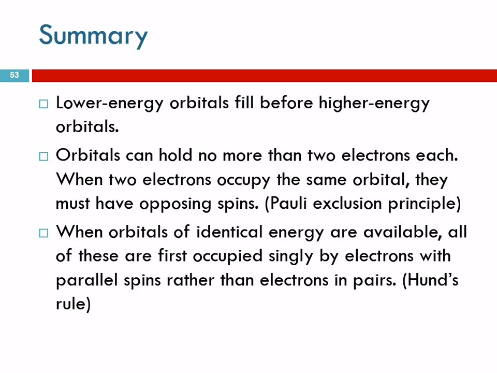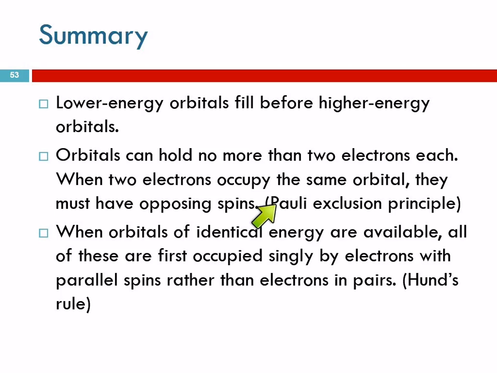So here's a summary. Lower energy orbitals fill before higher energy orbitals. Electrons in the hotel are going to fill up the cheaper rooms first. If they can get a bed for less, they'll take that. Orbitals can hold no more than 2 electrons. And when the 2 electrons occupy the same orbital, they must have opposing spins.